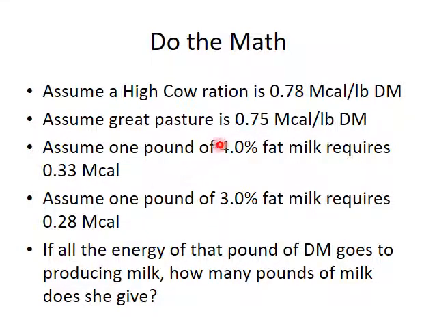If you divide this by either one of these, you're going to get 2 to 3 pounds of milk for each pound of additional dry matter. So I think this goes in about close to 3 times there, a little bit short. This goes closer to 2 with the 4%. So more energy in here than in here.